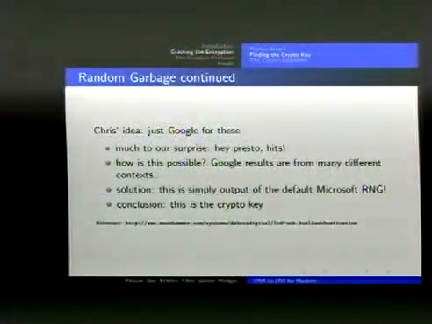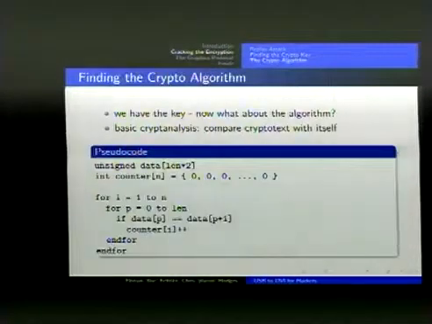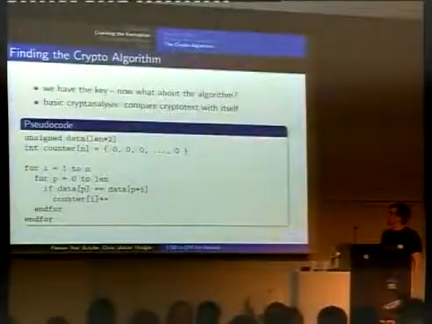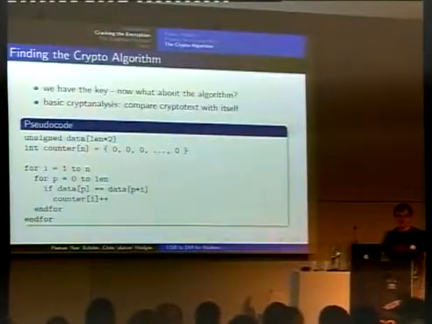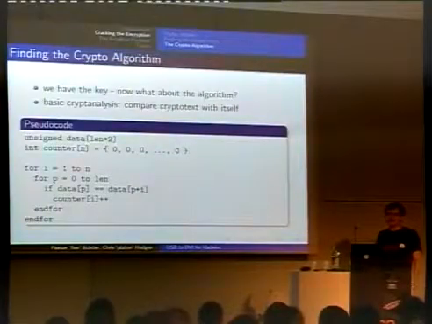But okay, so we were pretty certain at that point that this data is actually the crypto key. But of course, this didn't help very much at that point, because we still didn't know what the algorithm used for the encryption actually was. So we tried some very basic cryptanalysis, which is just to compare the crypto text with itself, shifted by a certain length.